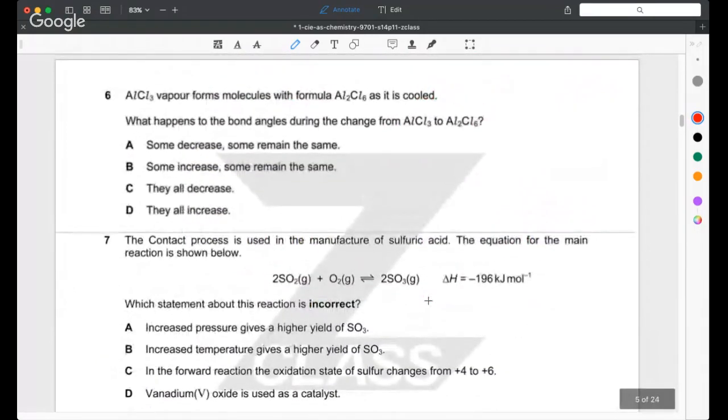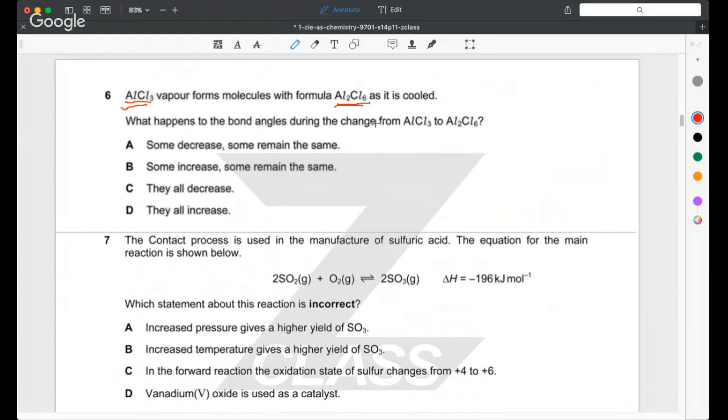Good. Okay, this one's interesting. You've got aluminium chloride, and in the vapor you get these dimers formed. A dimer is 2 individual molecules joined together. So this is the monomer over here, and this is the dimer. And it's saying, well, what happens if you compare the bond angles in the monomer to the bond angles in the dimer?